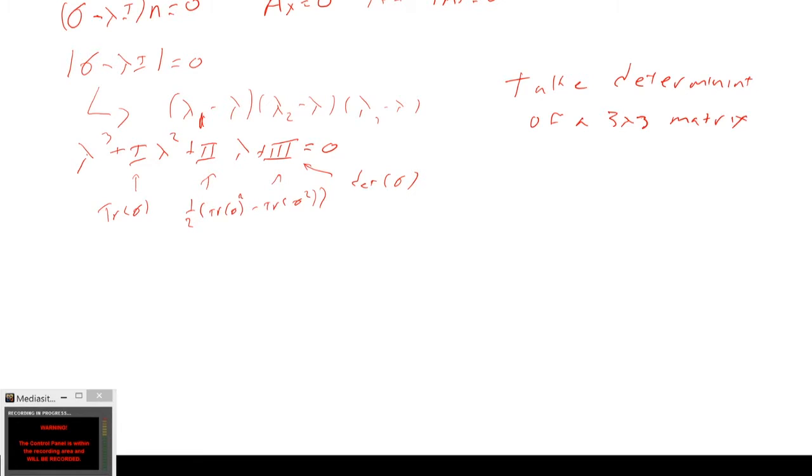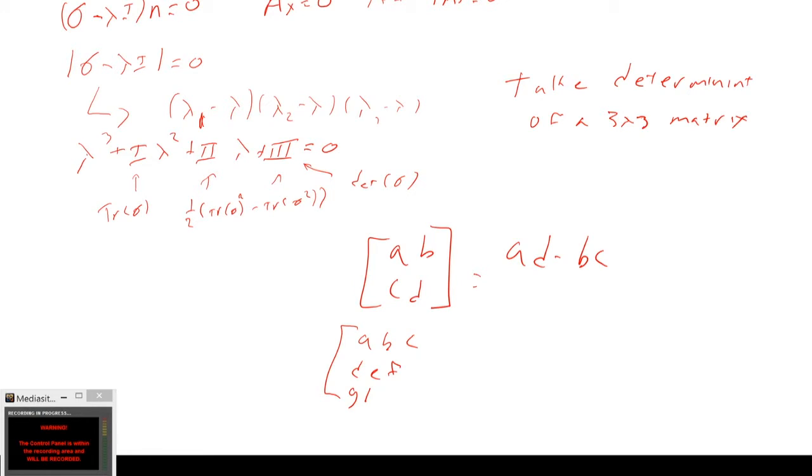Right? 2x2 is easy. It's just AD minus BC. Right? 3x3, you block out one row and one column. So we do this expansion.